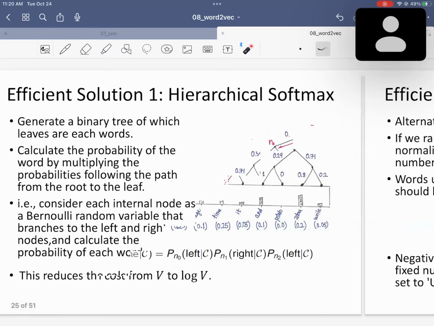GloVe is global. It has "global" in the title as well, because you first compute the co-occurrence matrix, meaning the term document frequency matrix. So you have all the documents here: doc1, doc2, doc3, doc4, and all the words like word1, word2, word3, word4.